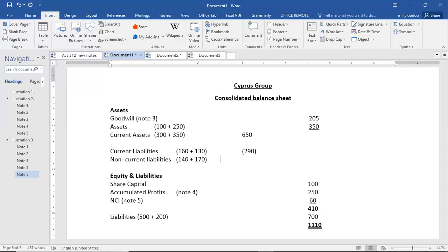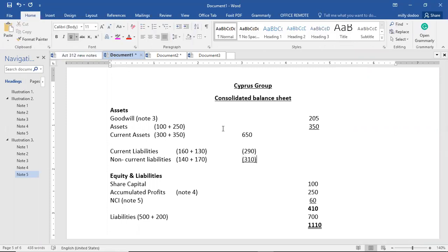How much are you getting? 310. You're having 310. So when you take out 310 and 290 from 650, how much are you having? You are left with 50. It will be 50. Yes.